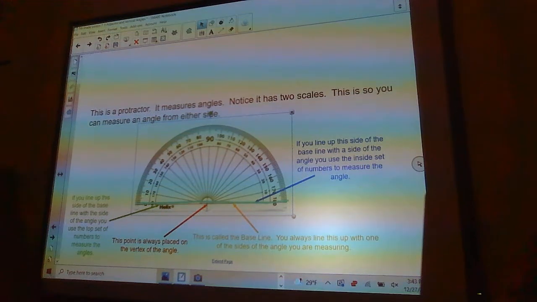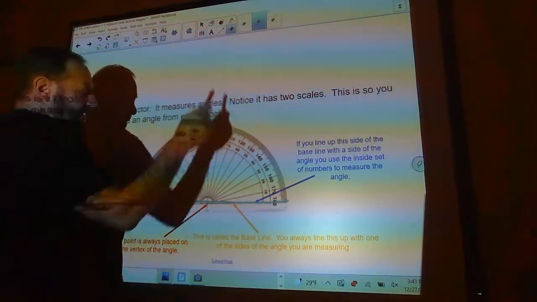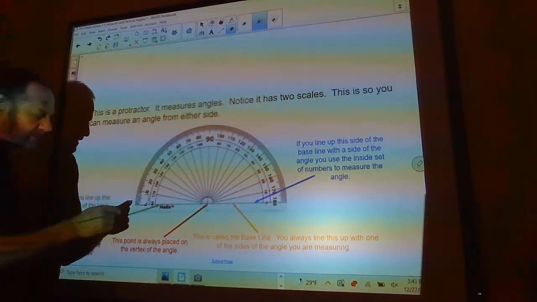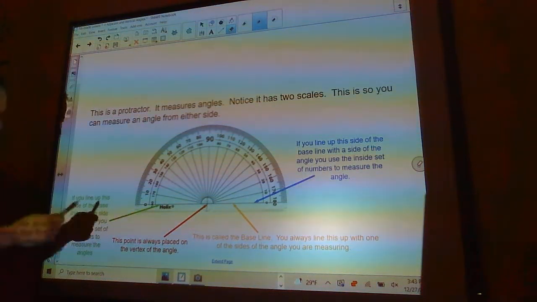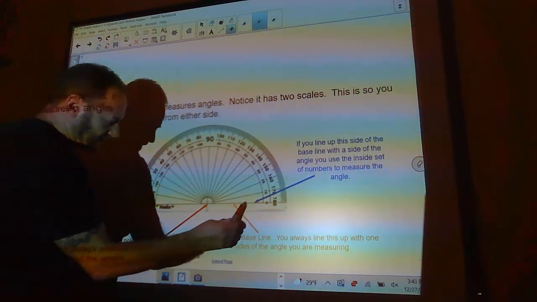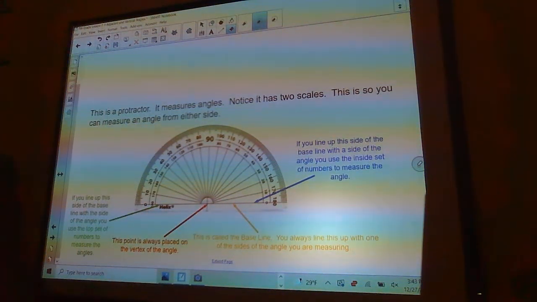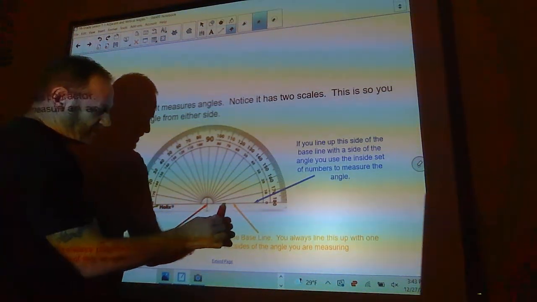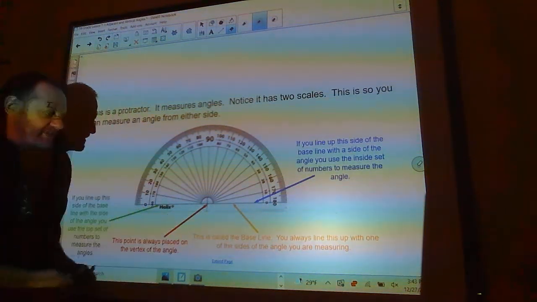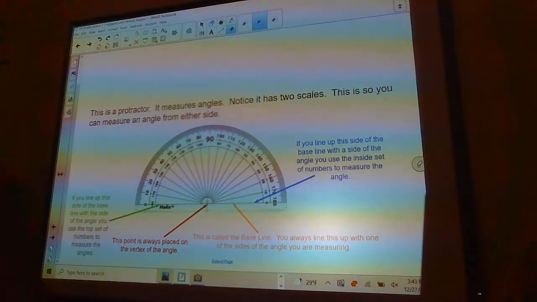I'm going to take the highlight off because I've got it marked right here. You can see this is the baseline right here. That is the line that you line up one of the sides of the angle with. This line has to always be on one of the sides of the angle.